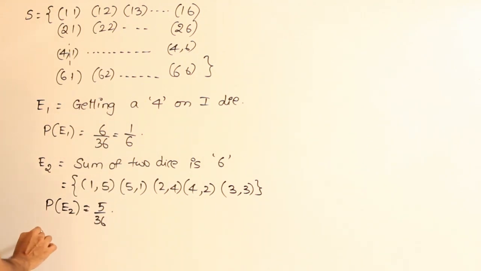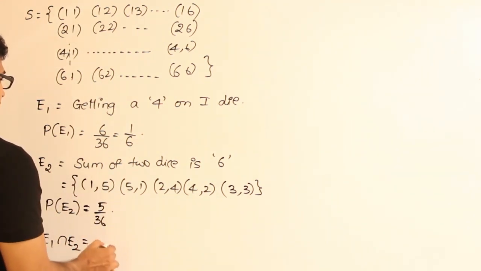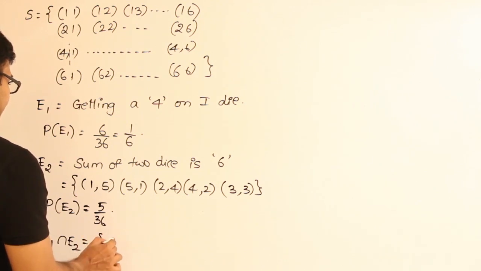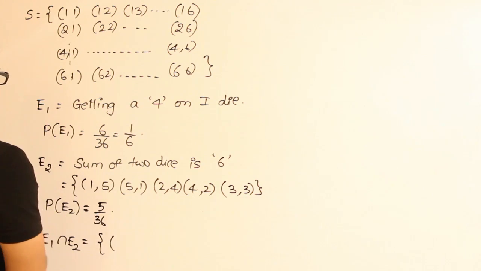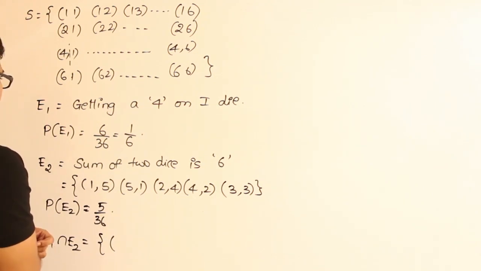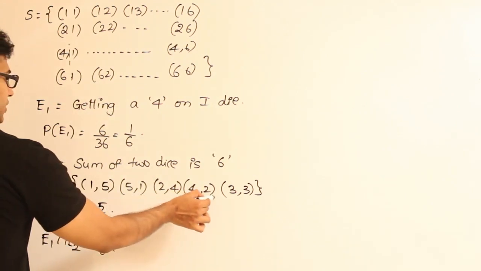Now what about E1 intersection E2? So what is E1 intersection E2? E1 is getting a 4 on the first die, and E2 is the sum of the 2 dice being 6. So E1 intersection E2 is nothing but getting a 4 on the first die and getting a sum of 6.